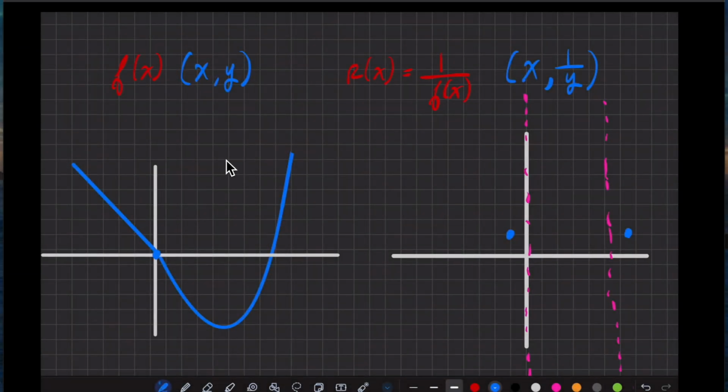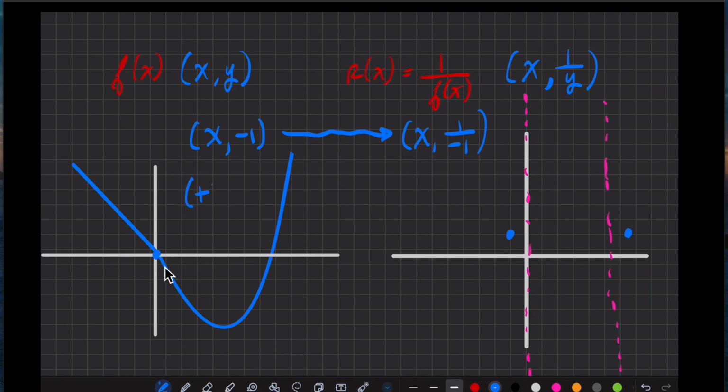Going on with the concept of invariant points. If we have on our original graph a y value of -1, and we move to the reciprocal graph, our x stays the same. We have 1 over -1. It's going to be the same exact point. So just like we found the y value of +1, we're going to do the same thing with -1. So I'm going to say that this point here, where the y value is -1, is about x equals +1.